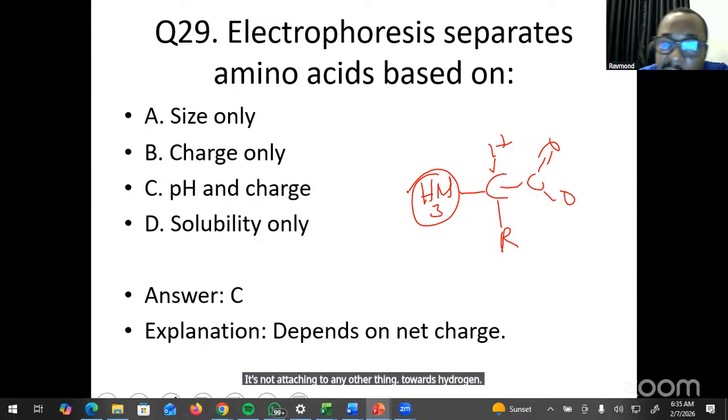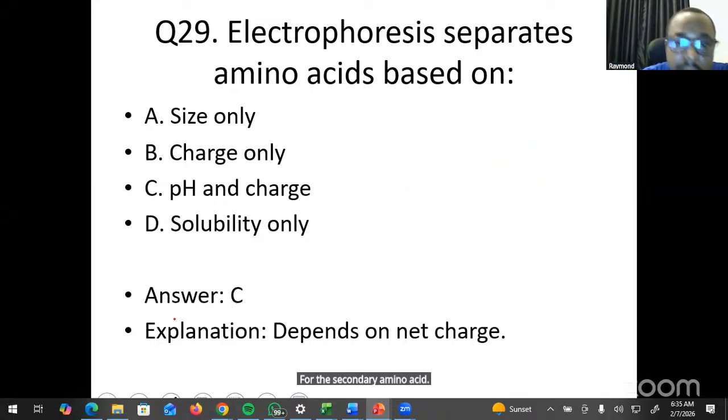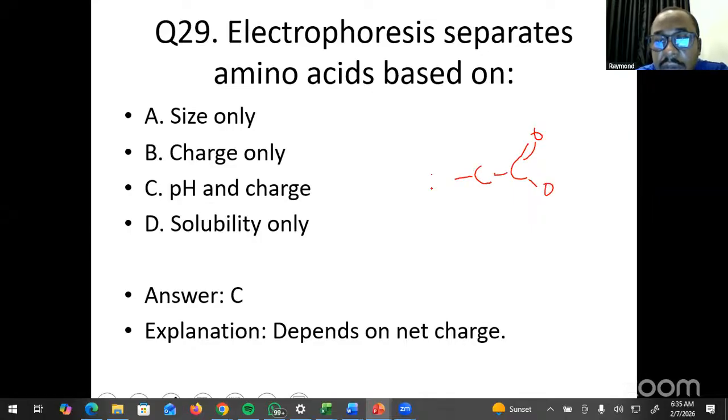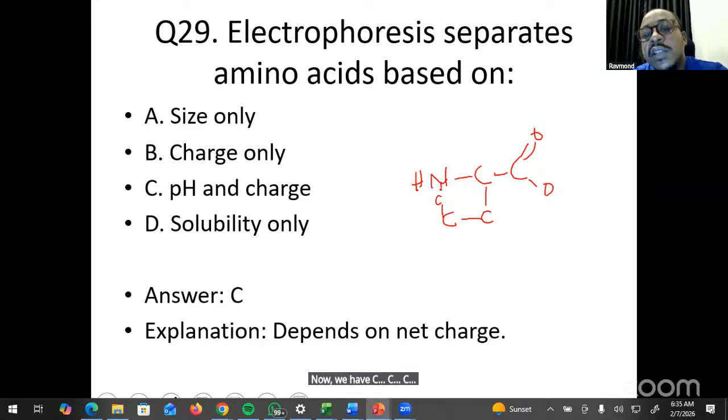But for the secondary amino acid, we have similar structure, C, C, C, and the carbon links to the amino group.